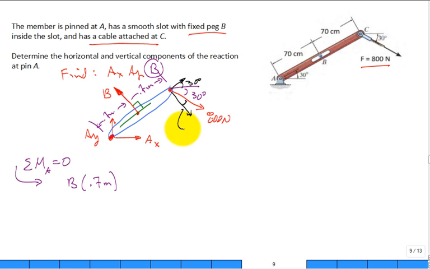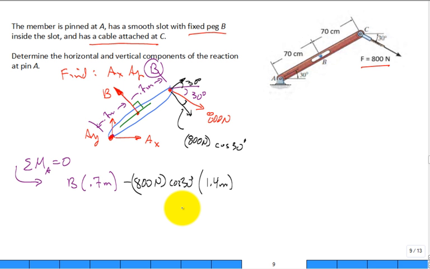And this then is 800 newtons times the cosine of 30 degrees. And that perpendicular distance, so let me do this one. That's going to be negative 800 newtons times cosine of 30 degrees times a perpendicular distance of 1.4 meter, 0.7 and 0.7.